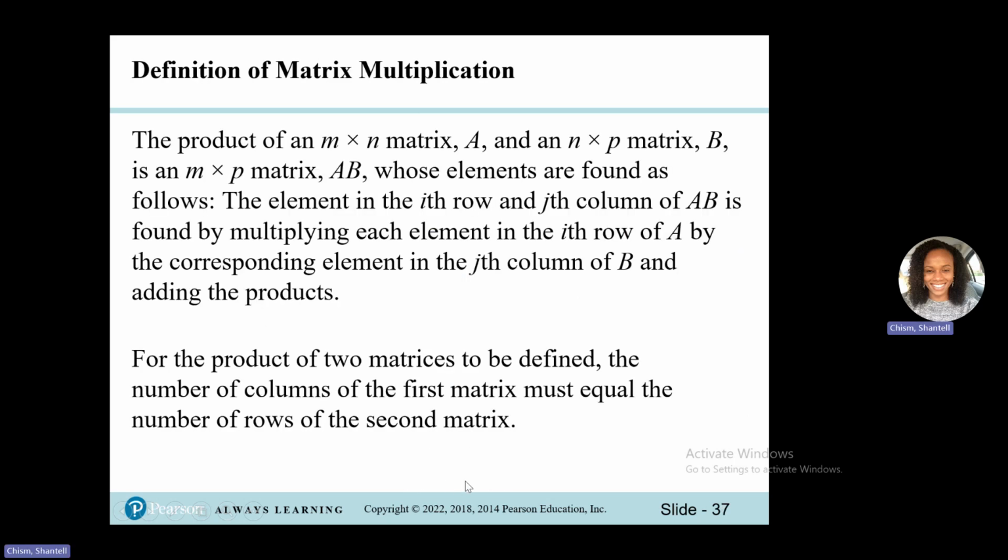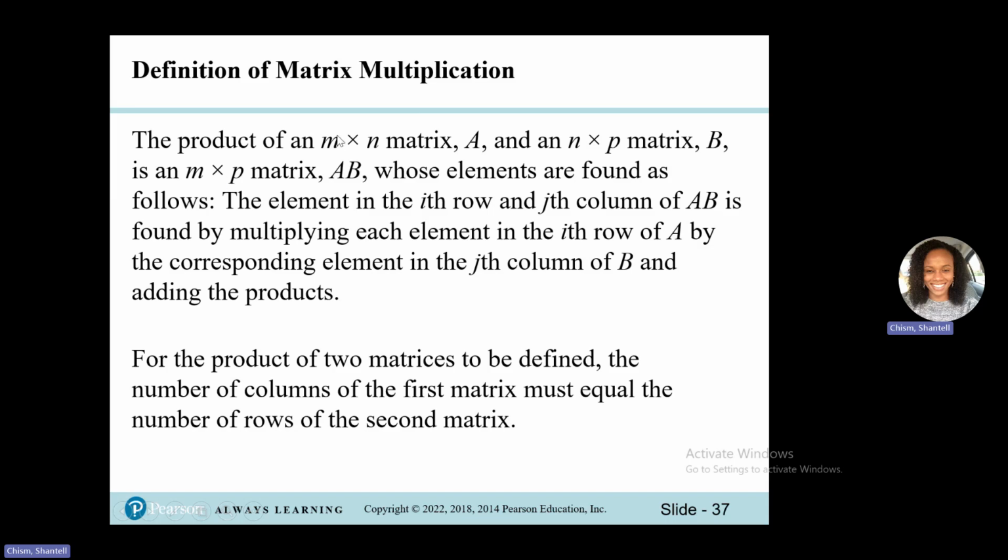So this is just what I described in my little makeshift example here on my paper. The product of an M by N and an N by P. Notice that the N here is the column, the N here is the row, but it's the same.